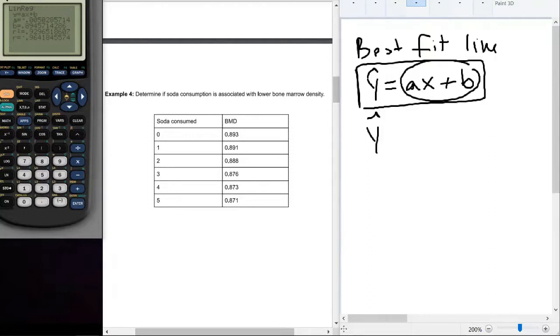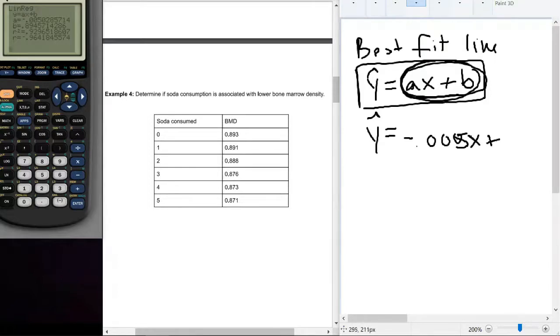If you notice, the A is given as negative 0.005. So what we're going to do is fill in with this: negative 0.005x plus the y-intercept.